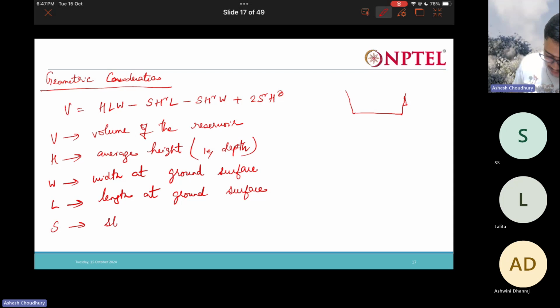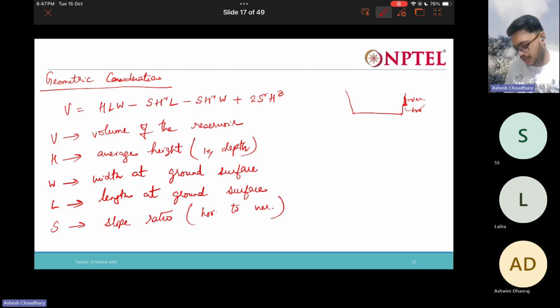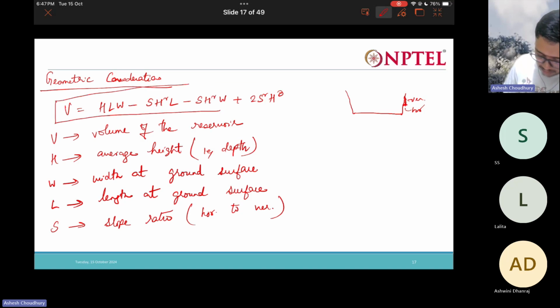S is the slope ratio, the ratio of horizontal to vertical. This is how we get the total volume of a reservoir looking something like this.